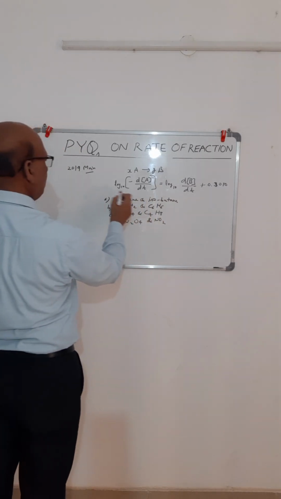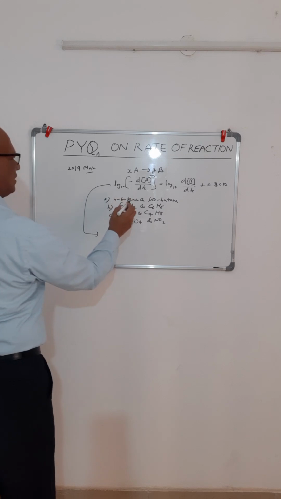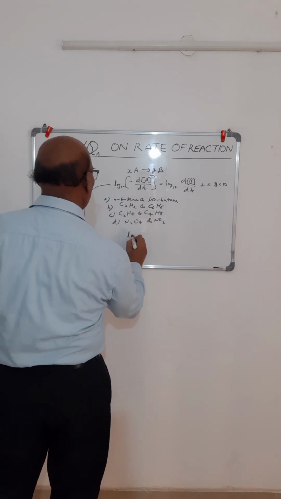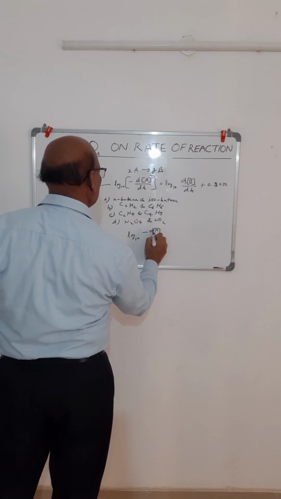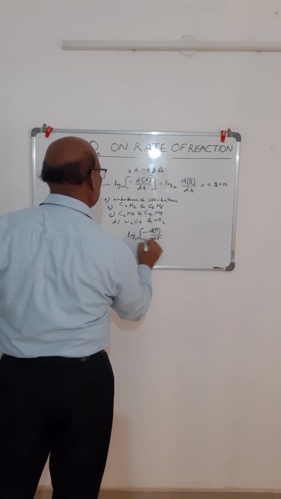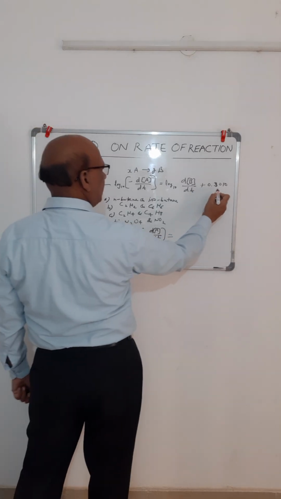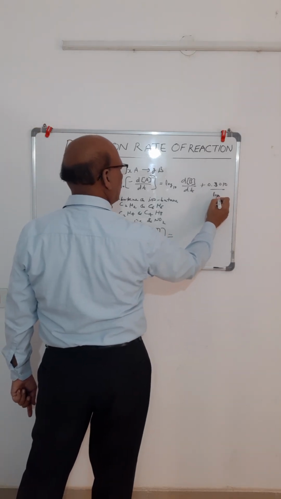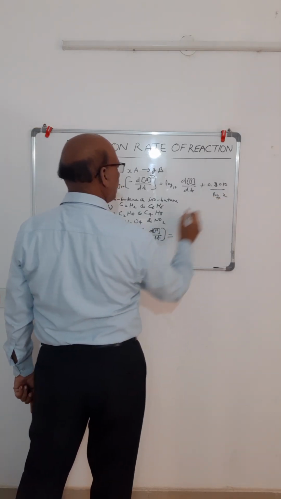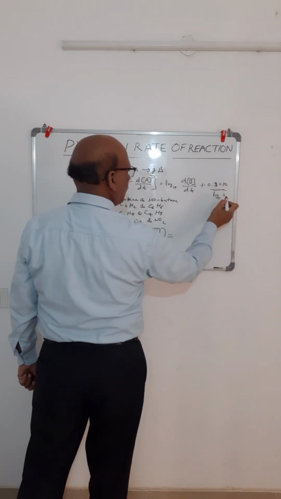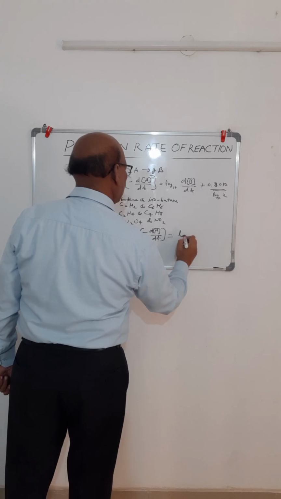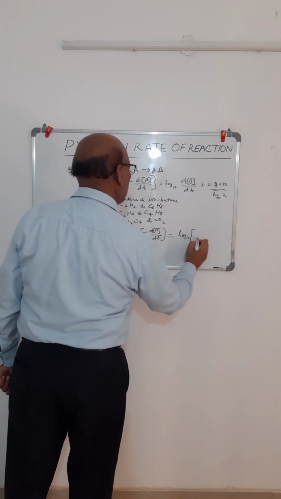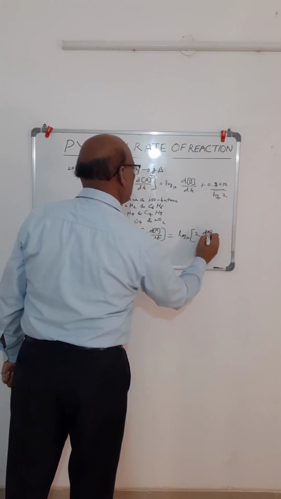Okay, so we can write this equation as log10 of (minus dA by dt) is equal to, we know that 0.301 is nothing but the value of log10 2, and log A plus log B equals log AB. So we can write log10 of 2 into dB by dt.